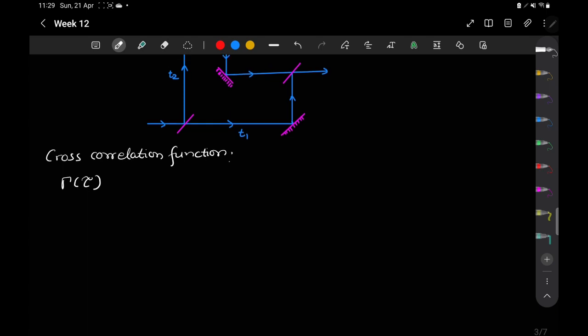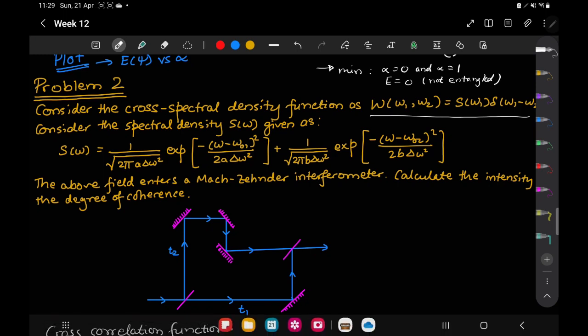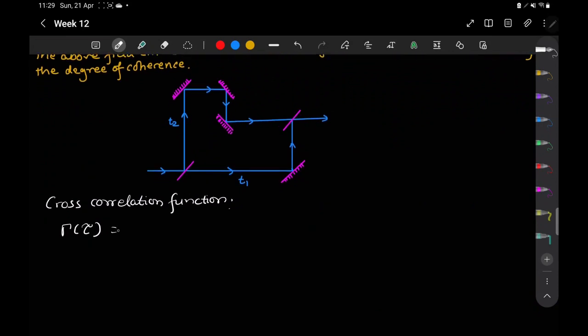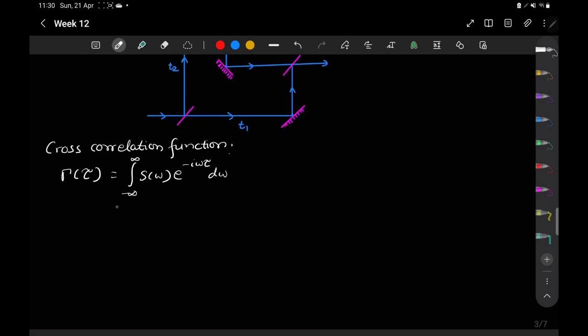Because of this particular form of W, the cross correlation function only depends on tau, which is the time difference t2 minus t1. That is, it is stationary. Now let us put in the expression for S omega.